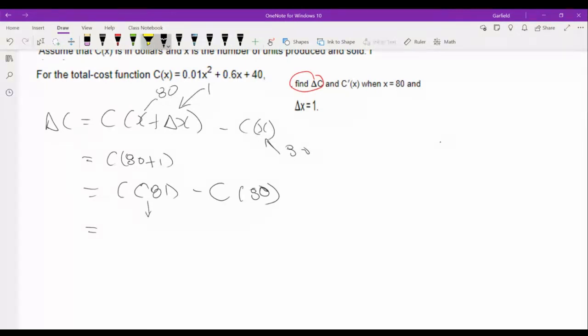So delta x is 1, which is why we're plugging in 1 here. So we're plugging 1 and 80, which is why we have the 81 down here.